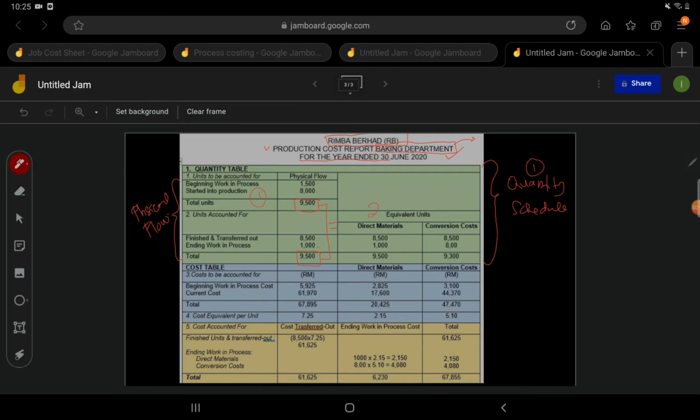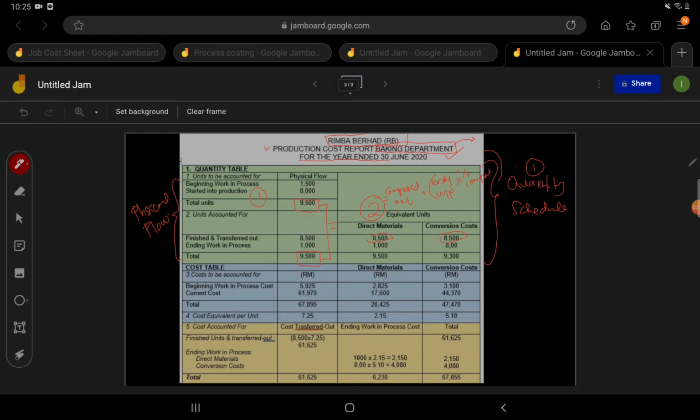The second step, the equivalent unit. How to compute the equivalent unit? Okay, completed unit plus ending work in process divided by percentage completed. Okay, this is the finished unit or completed unit or transferred out unit.